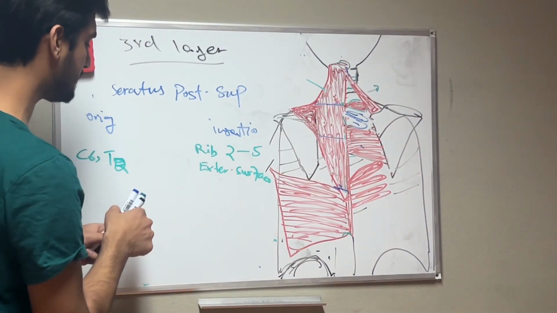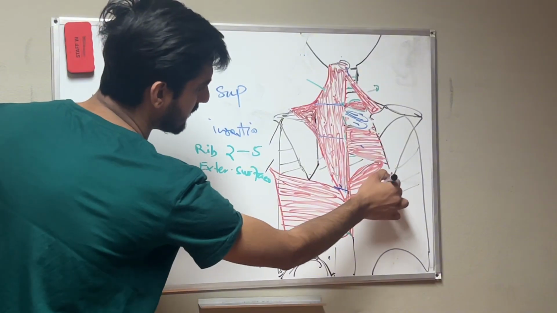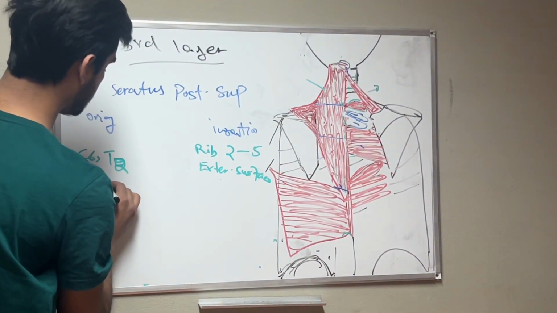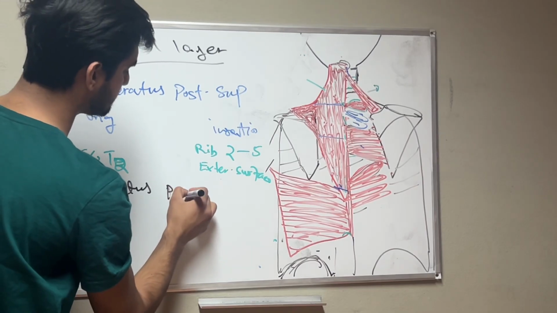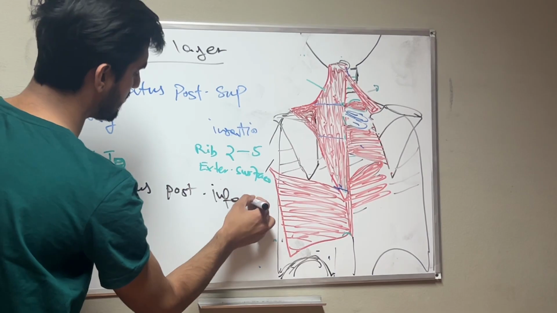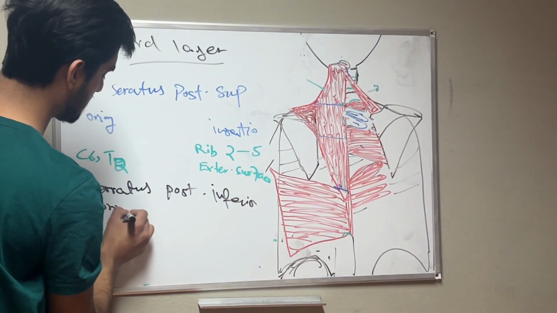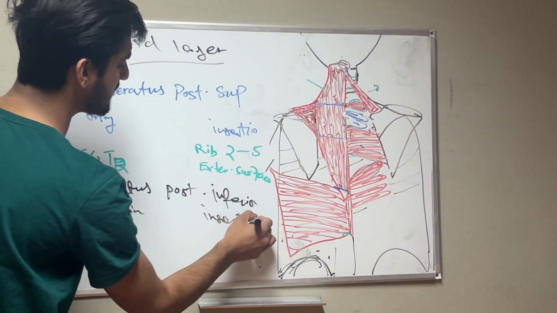Then we have serratus posterior inferior muscle here. This one. Okay, serratus posterior, because it's backside, inferior muscle. Origin and insertion. This is the third layer of superficial muscle of the back.